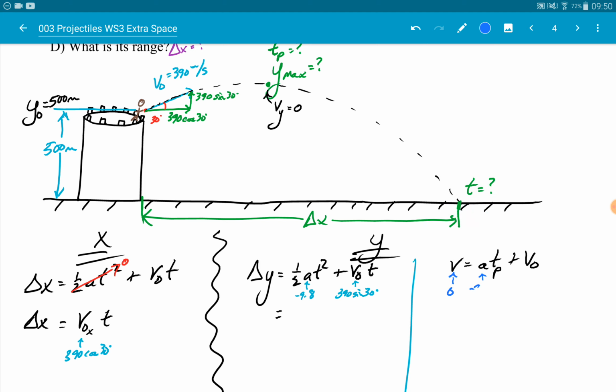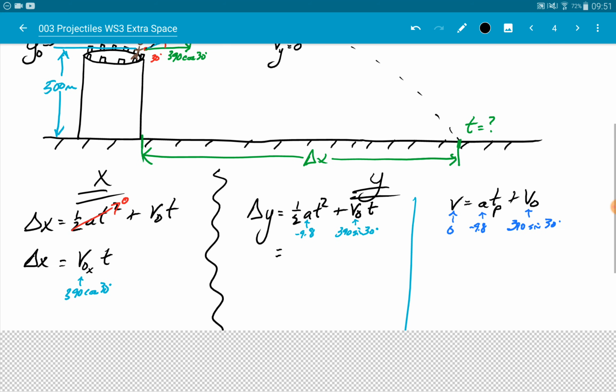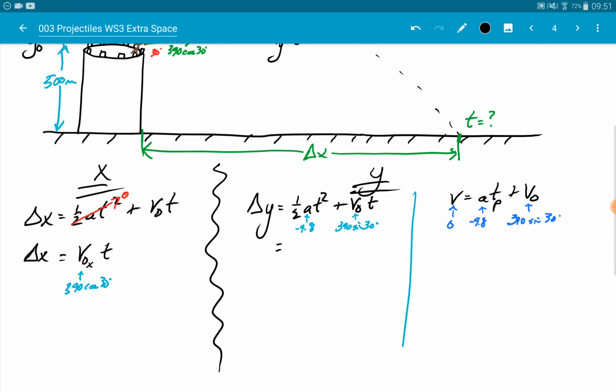We know that acceleration is negative 9.8. I don't know that time. That's okay. I'm trying to figure that out. And I do know this original velocity, which is 390 sine of 30 degrees. So cool. I can solve for the time it takes to the peak. So I'm going to algebraically rearrange this so I get v minus v naught over my acceleration is equal to the time to the peak.